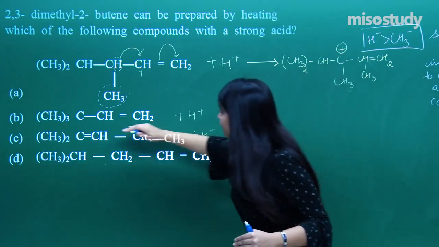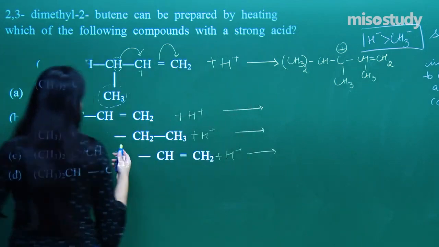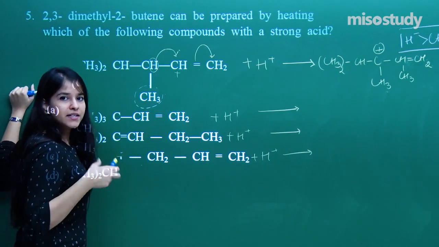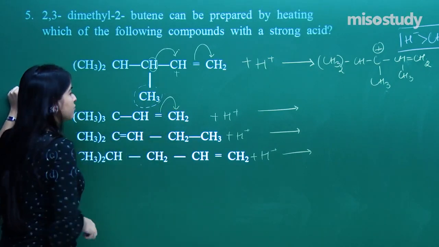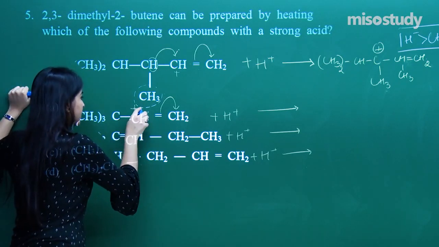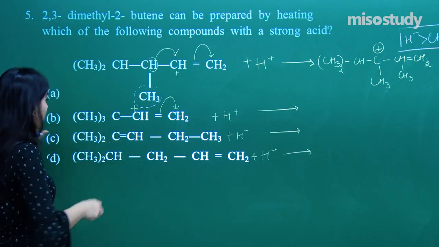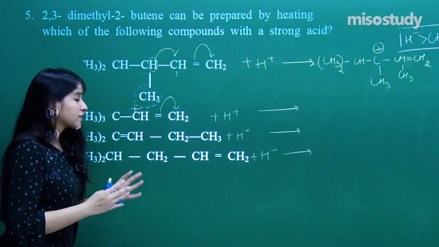Now if I try to perform the secondary reaction, what will happen? Again the shifting will be towards that carbon which results in the most stable carbocation. That means again I get a positive here, and this is a secondary carbocation that we have obtained. In order to obtain a more stable carbocation, what will happen?